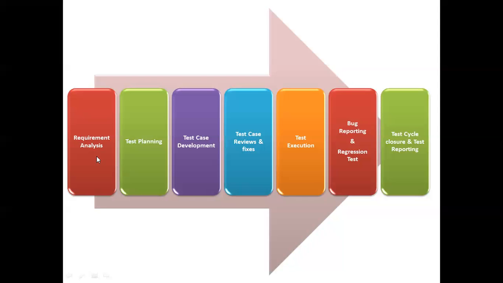It could be a Word document or a PDF document, whatever it is. It's a document written to make sure that the entire testing activities are described in the test planning.